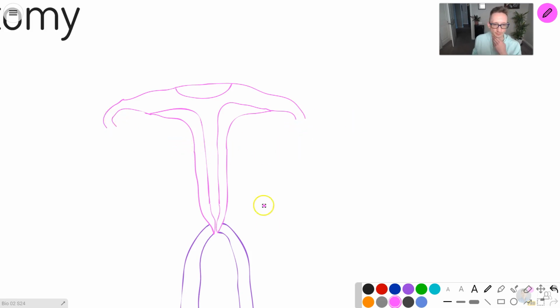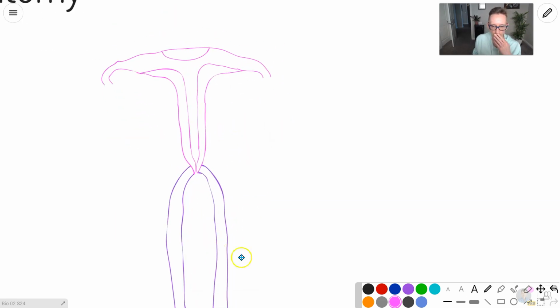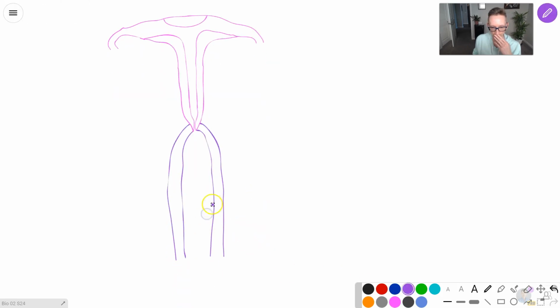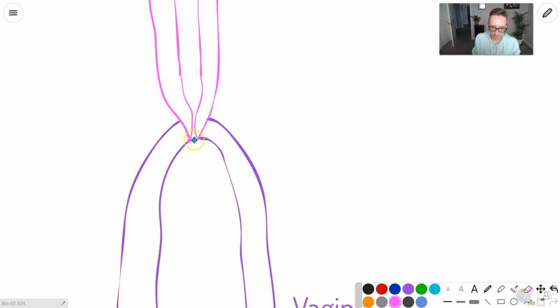I'm okay with that. All right, so this is the vagina right here. This is the uterus. This would be the cervix right here, and the fornix. These lines actually would be like this a little bit.